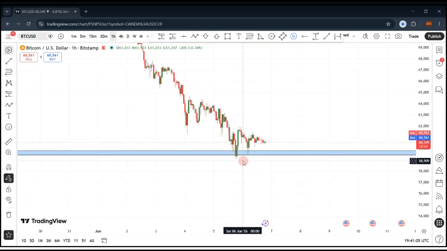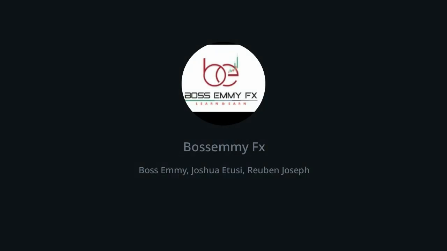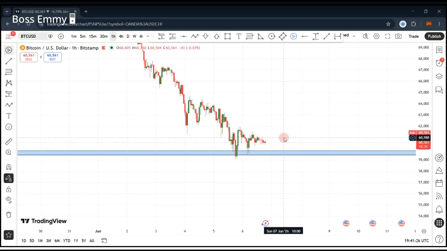So what it simply means is that this zone is a strong zone, and if the market cannot break this zone, we are going to be heading back to the top. As a day trader or a scalper, the simple thing you need to do is come to the lower time frame and draw your trend line.